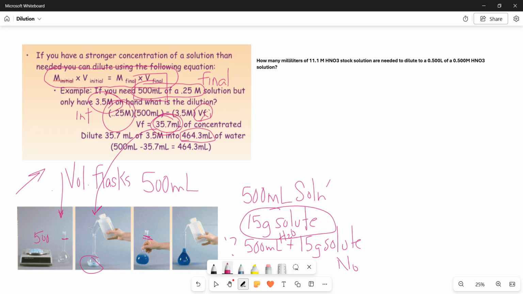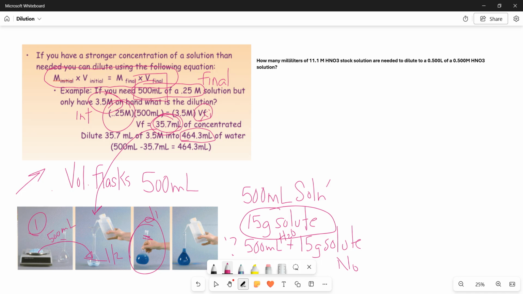So this is a picture where I make my students explain what's going on. So in picture 1, I'm measuring out my solute and I have my volumetric flask. So let's just say it's 500 for our example, 500 milliliters. I tell my students to put their measured solute into the flask and then add water. And I tell them to add water about halfway. Dissolve it.